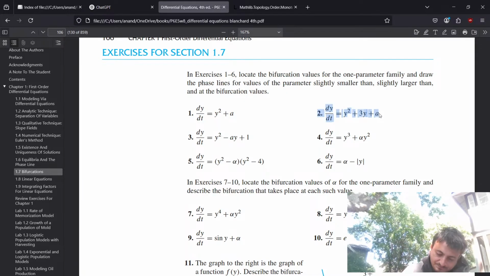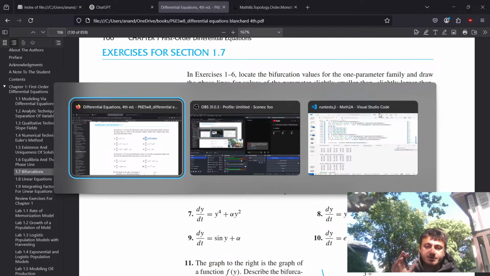So the main idea is now we look at the discriminant. I think that's what it's called, the discriminant, the thing that's under the square root. Because if that is negative, then there's going to be no solutions. So that's sort of how we're going to find the bifurcation value.